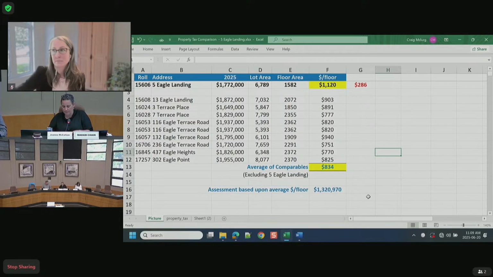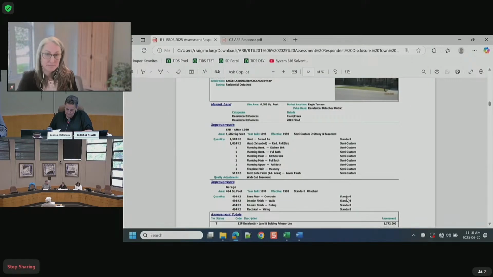Thank you. And I'll give you opportunity to close if you like, and if you don't want to, you don't have to. Oh, I certainly do. I have used the per square foot method because that's all I have data for.